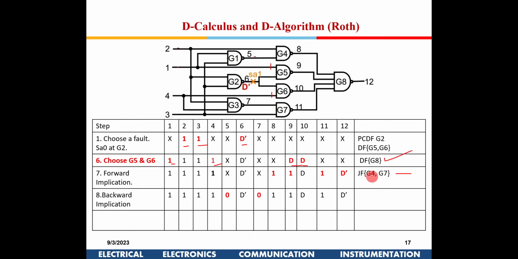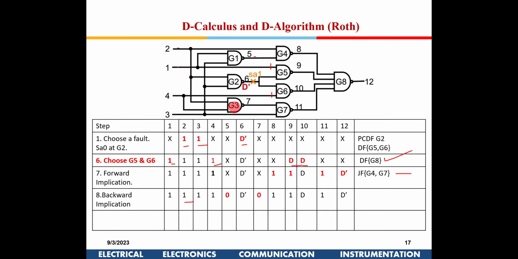For G4, 2 is already 1, and this needs to be put to 0, so I can put that to 0. There is no issue, and this is D bar initially itself. And for G7, this node needs to be put to 0 here. Now these two zeros I have put, let's see whether they hold.